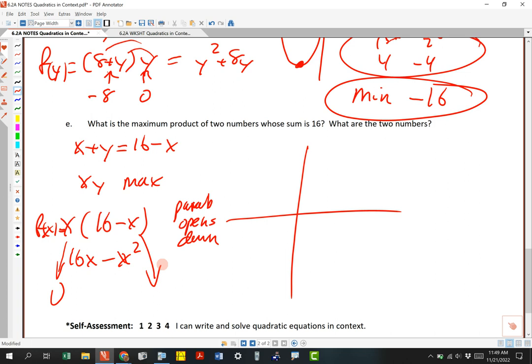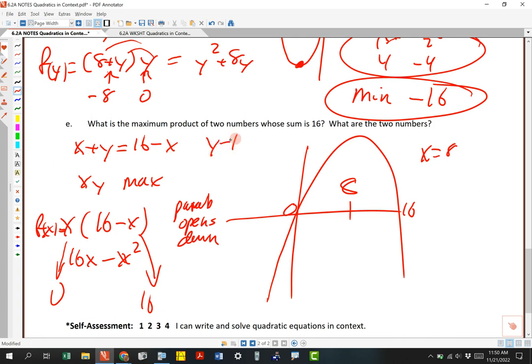X minus x has a root at 0 and a root at 16, right? Yeah. And it opens down. So if this is 16 and this is 0, what's the coordinate of the vertex? 8. Okay, 8 is the variable we're looking for. So that means x is 8. So if x is 8, I can plug it in right here.